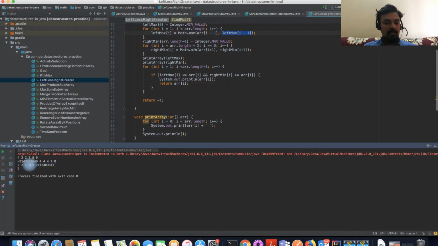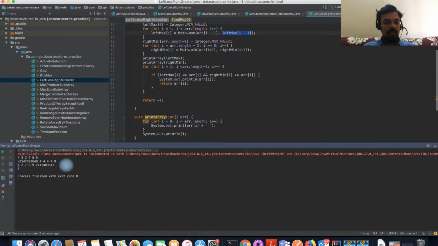The right min of this position is 9 and 8, which is 8. Then 7 and 8, which is 7. Then 2 and 7, which is 2. Then 3 and 2, which is 2.